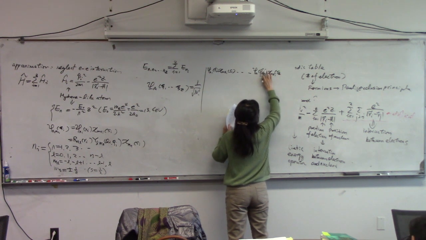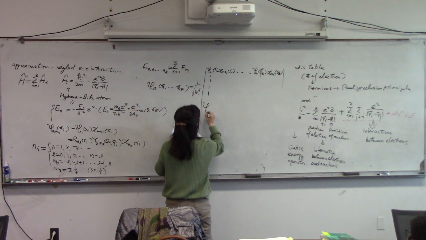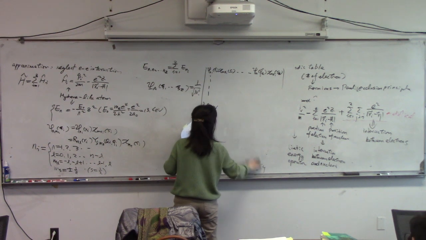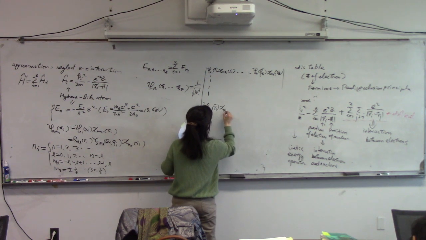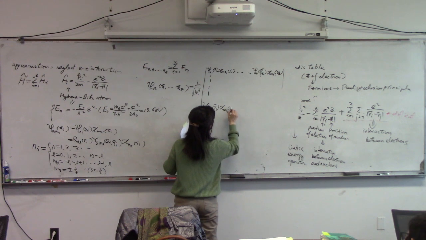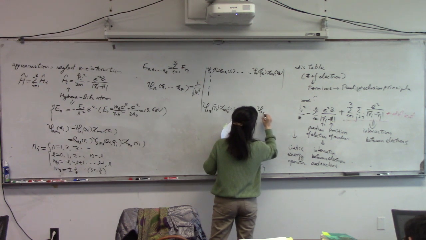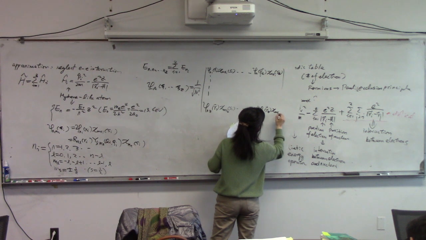Sorry, it should be Z, not n, since we have Z electrons. N Z, R Z, M S Z, S Z.